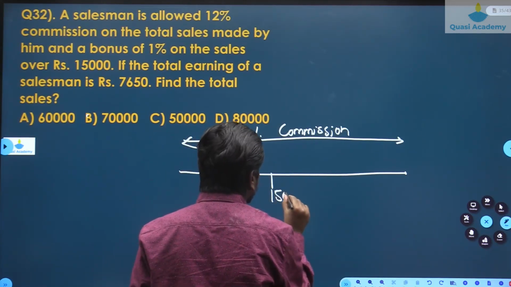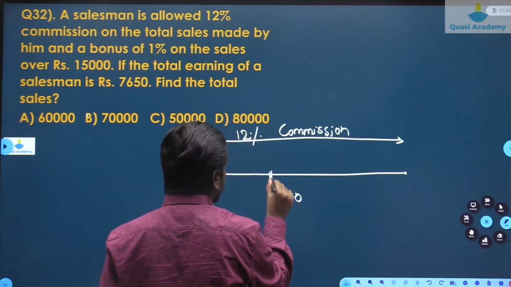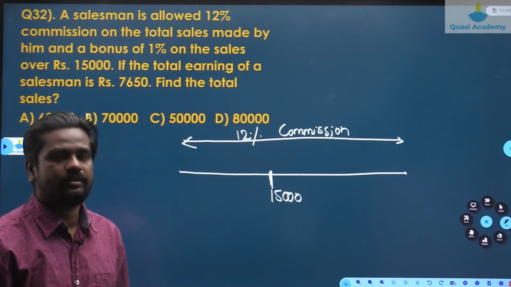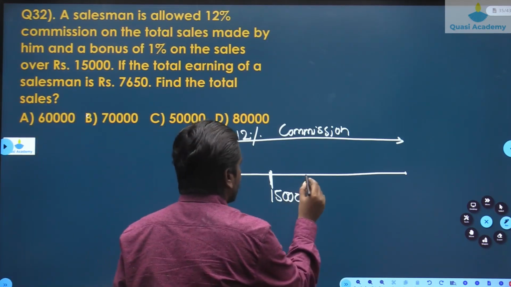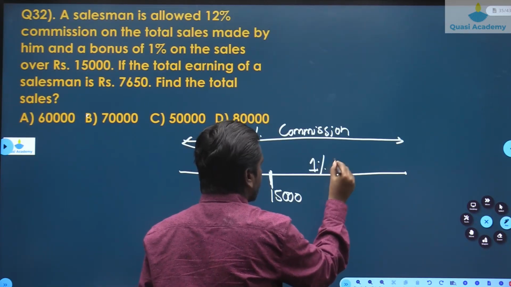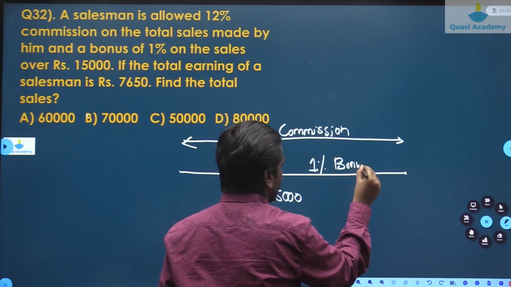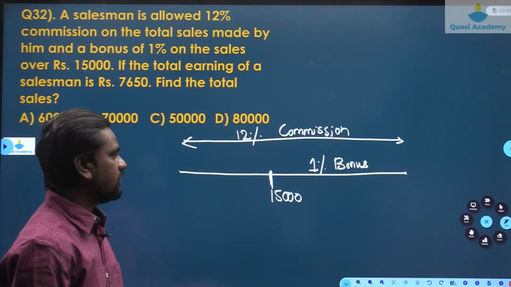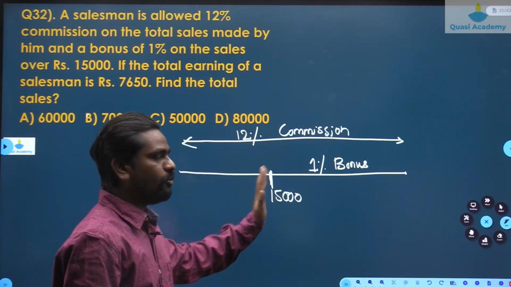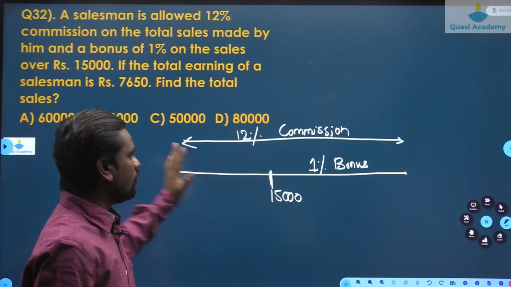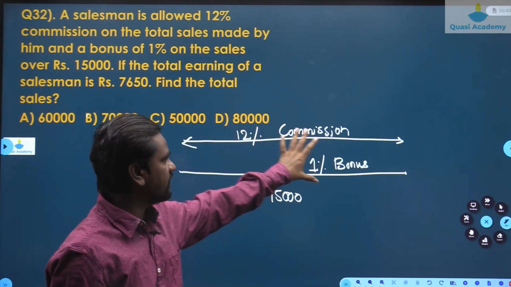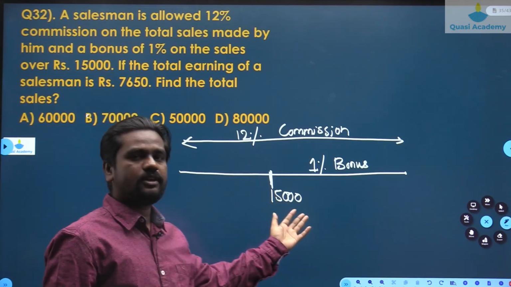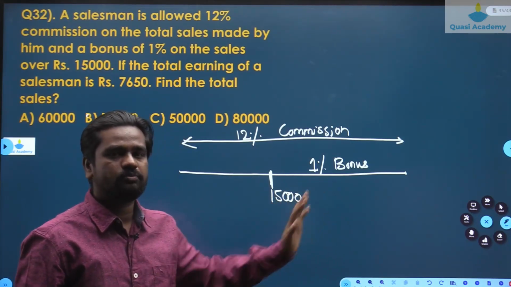If he crosses this 15,000 mark, then he will get an extra bonus on the sales above 15,000. For total sales he is getting 12% commission, but for the sales above 15,000 he is given 1% bonus.